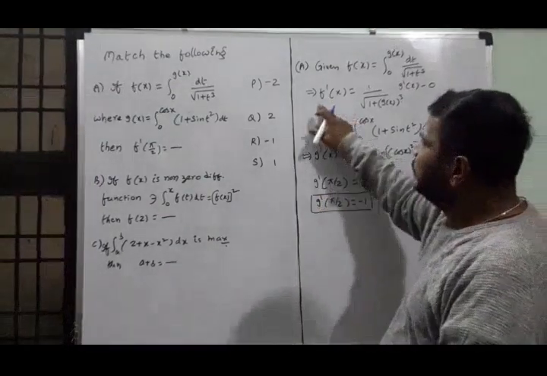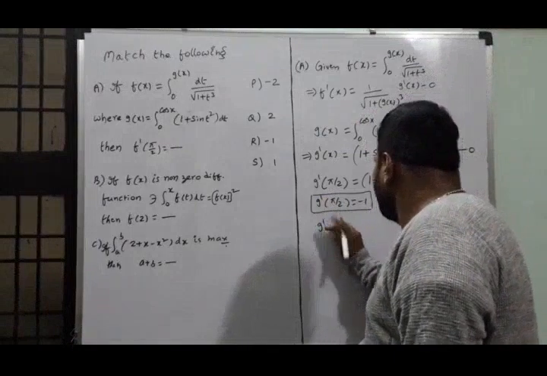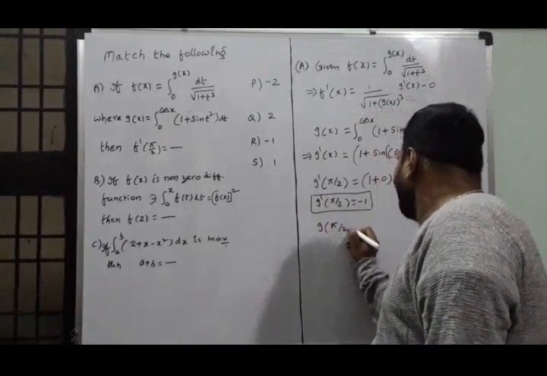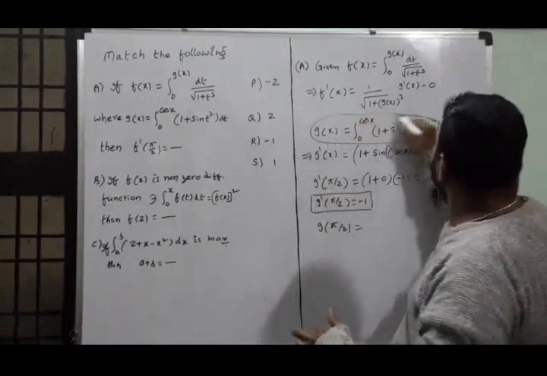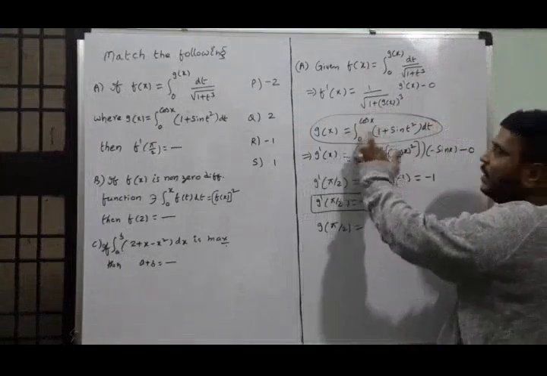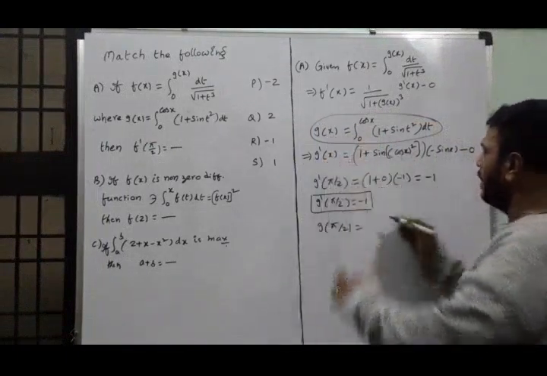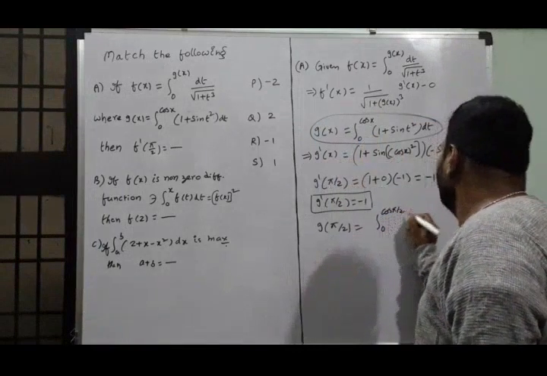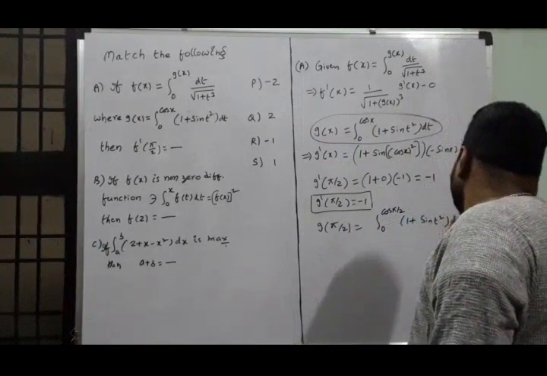Now find out g of pi by 2. g of x is this one. Here in place of x substitute pi by 2. So integral 0 to cos pi by 2, 1 plus sin t square dt.